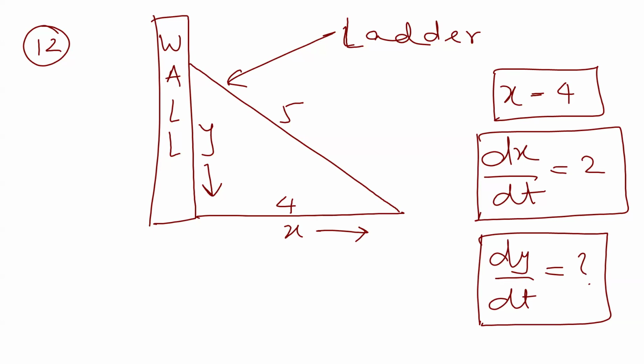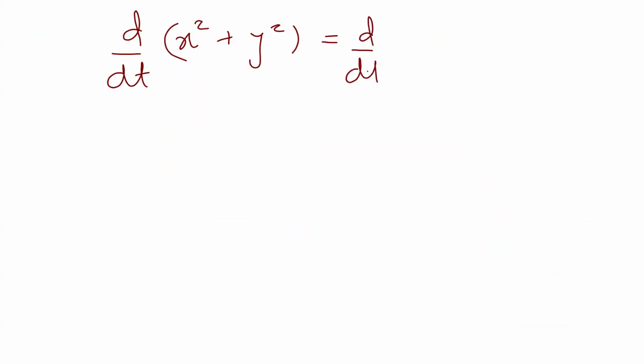Step number one, what we have to do is apply Pythagoras theorem. x square plus y square is equal to 5 square. Now x and y, both quantities are changing. So we are going to differentiate this with respect to t on both the sides. I'm moving on to the next slide. d by dt of x square plus y square is equal to d by dt of 5 square.